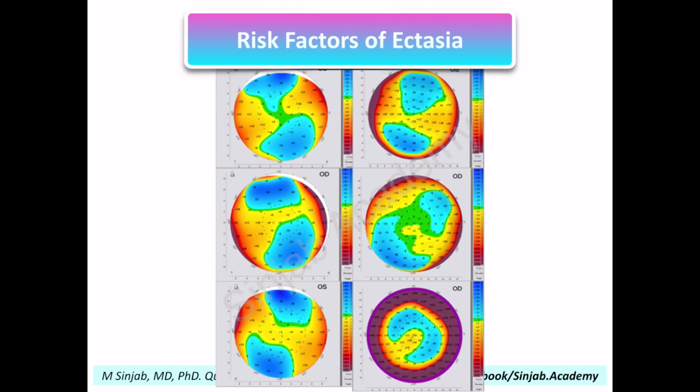And finally, if we have abnormal shapes on the elevation maps using the best fit sphere reference body.